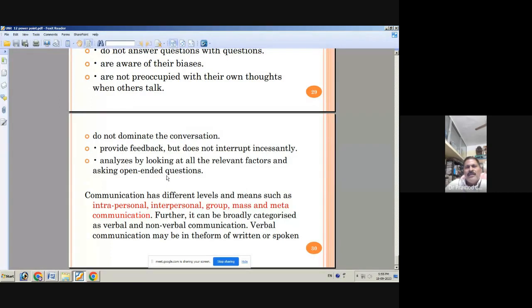So definitely we can conclude that communication has different levels and means. It may be intrapersonal, interpersonal, group, mass, or meta communication, whatever it may be. Then we can also categorize it into verbal and non-verbal communication.